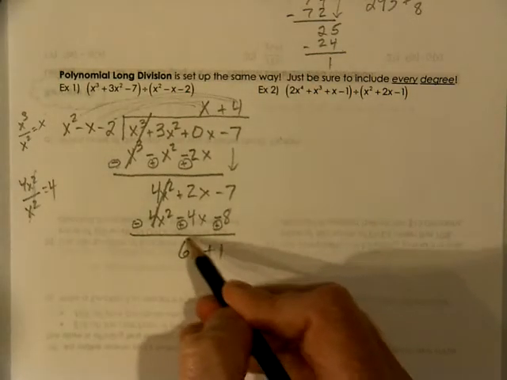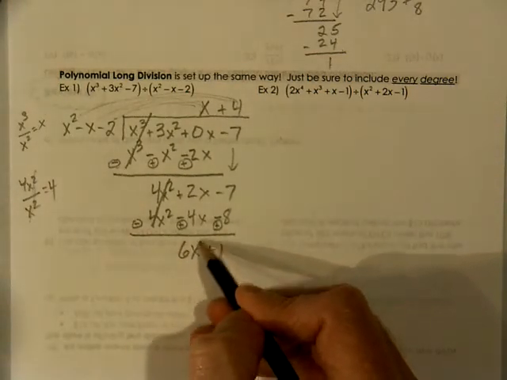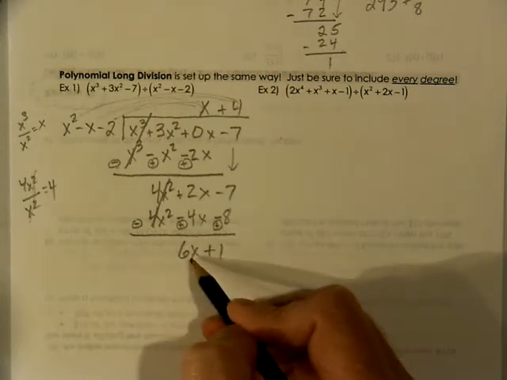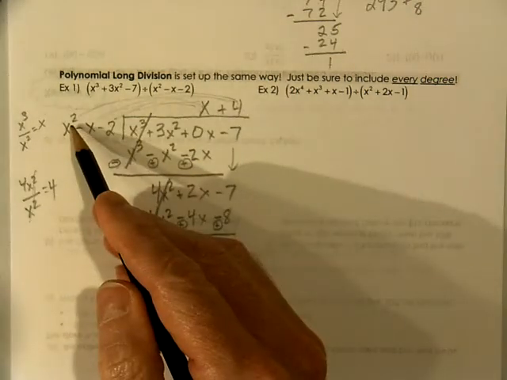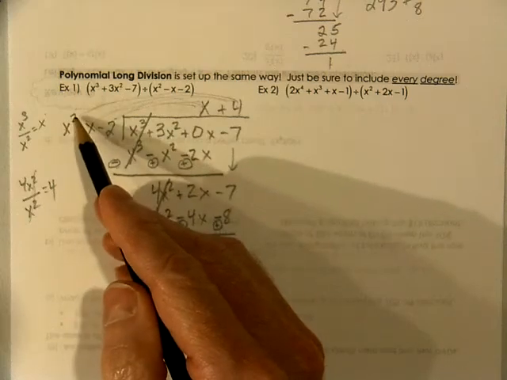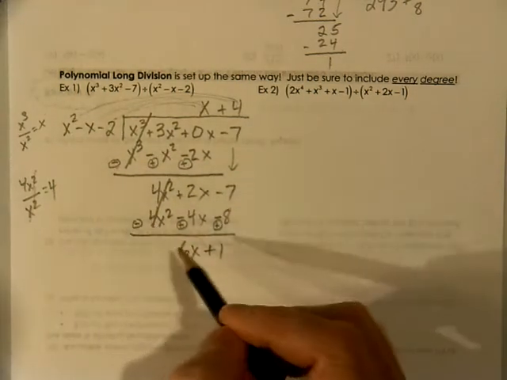Notice how the degree of 6x to the first power, the degree is 1. The degree is smaller than the degree of the divisor, x squared. So you know you don't have to divide again. You're all done.